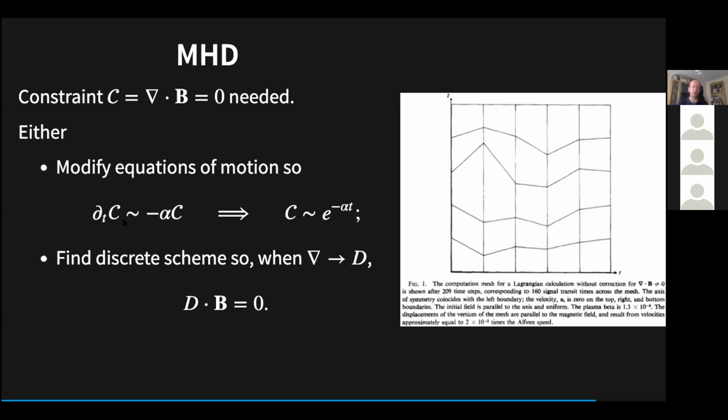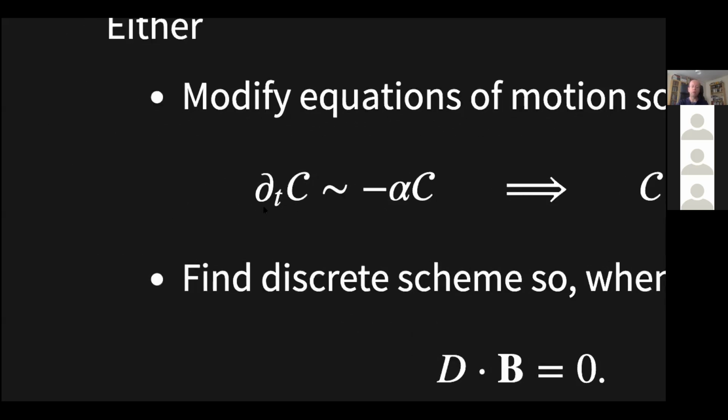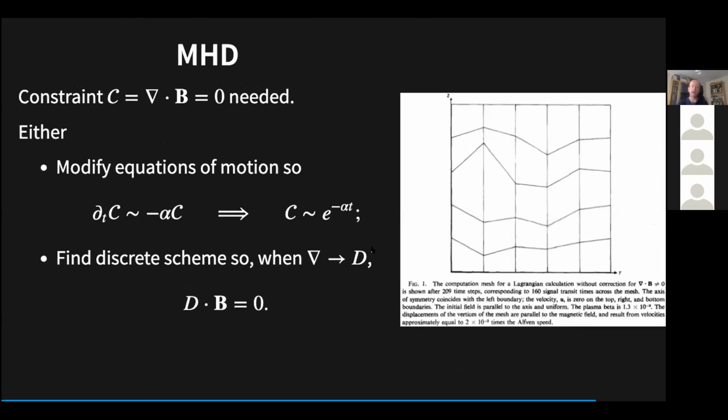we want it to have the form that the time derivative of it is proportional to the constraint itself, with a proportionality constant which is going to be negative. If this happens, then the solution for the constraint is that it decays exponentially fast with some e-folding time.